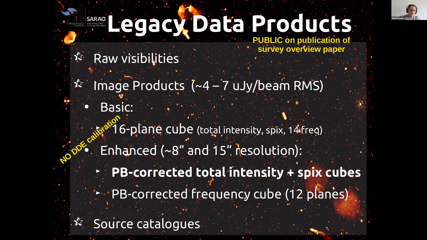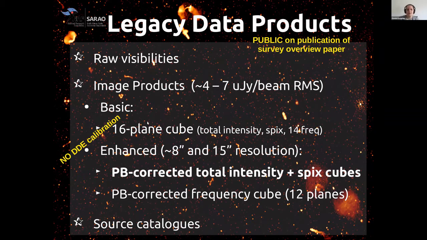So the first set are basic images, and everything was done using the OBIT pipeline from Bill Cotton at the NRAO. So the basic image product is a 16-plane cube, and it includes total intensity and spectral index, which are fitted together. And then the other planes are individual frequency planes, two of which are blank.